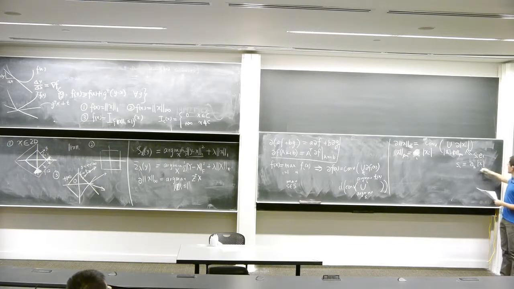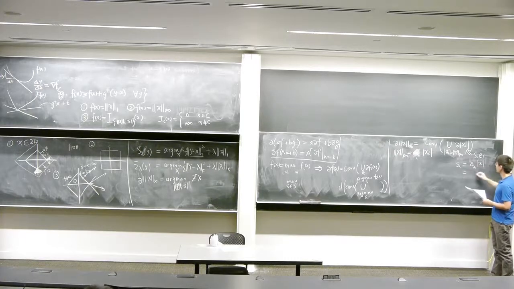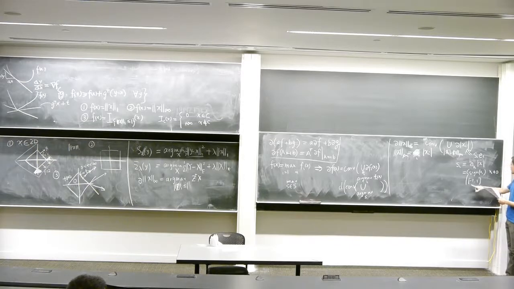And entry-wise, the subgradient of the absolute value is the sign of xi when xi is not 0, and the interval [-1, 1] when xi is 0. Did I make any mistake?